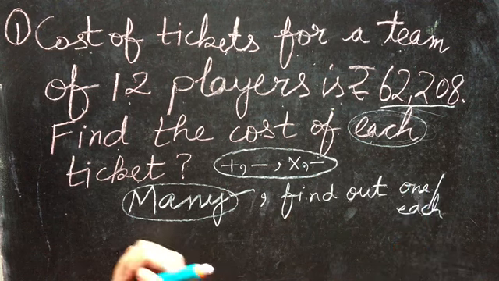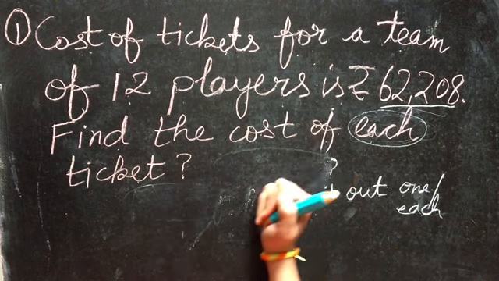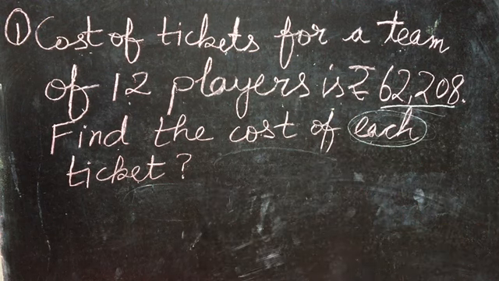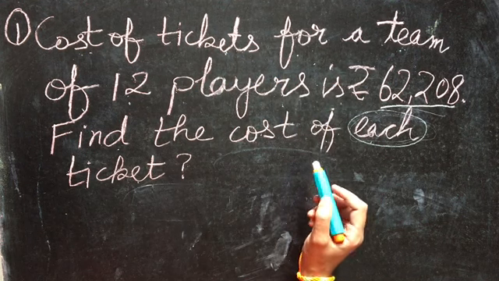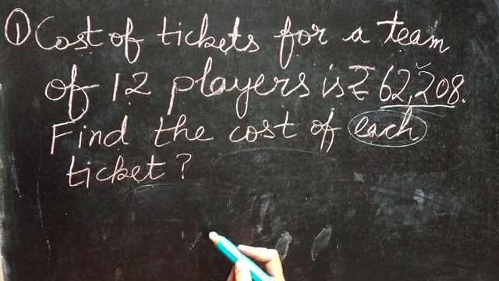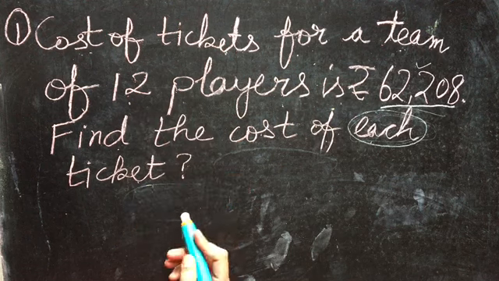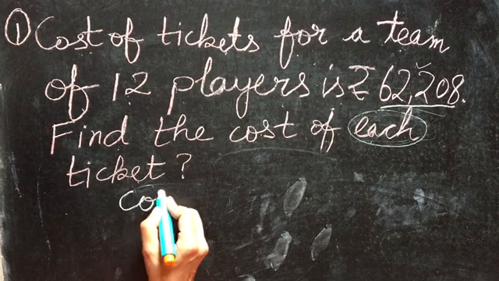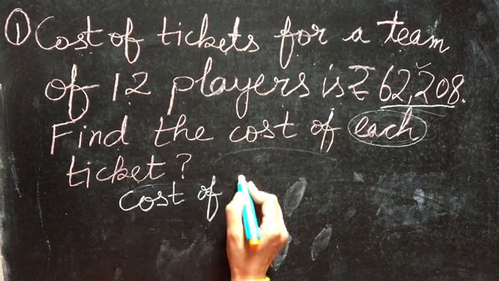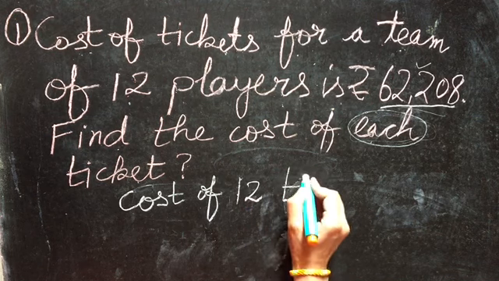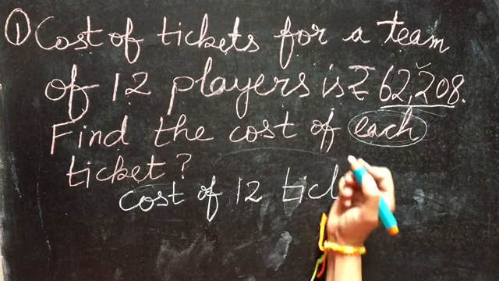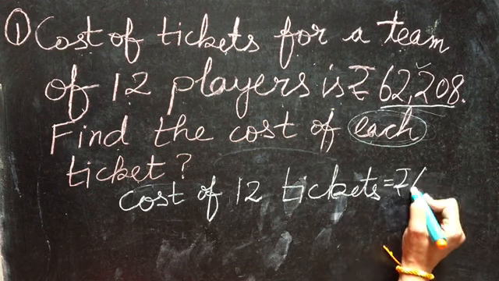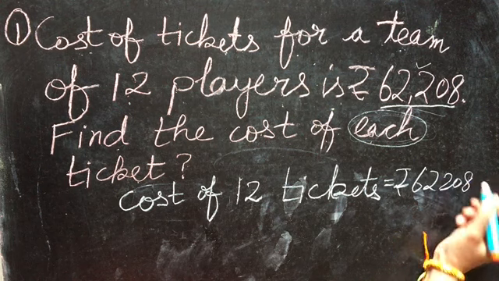So, you will have to read the question carefully in order to find out which operation is to be used. In case of division, you will always find that you have been given the value of many and one is to be calculated, fine. So, let us see. Cost of 12 tickets is equal to rupees 62,208, fine.